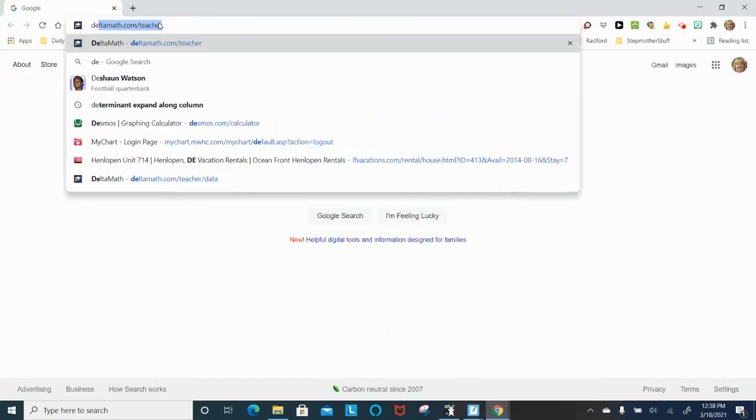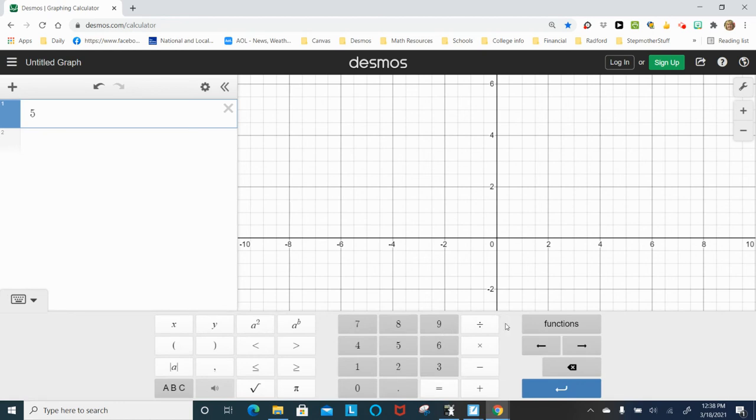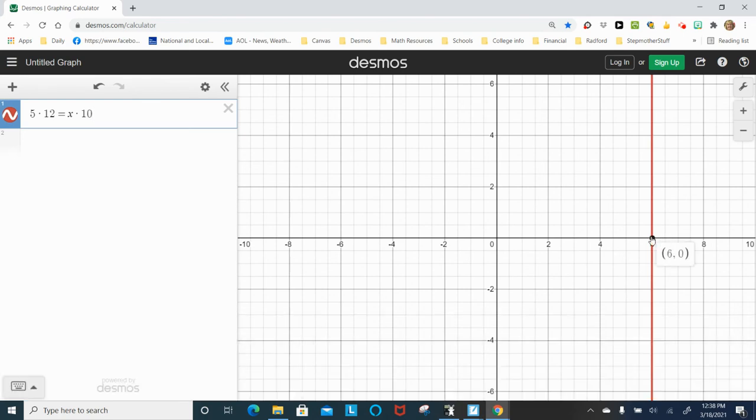It's really easy to solve for. We'll just say 5 times 12 equals X times 10. And 6 is our answer.